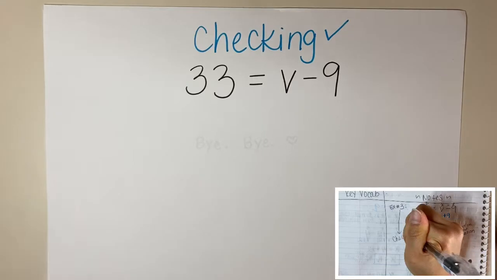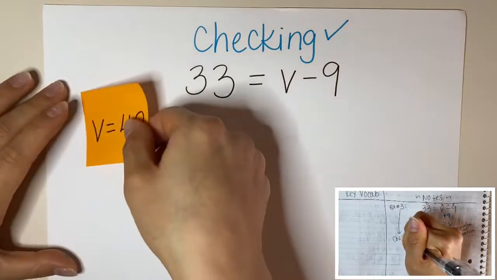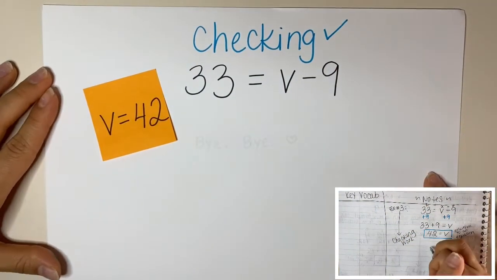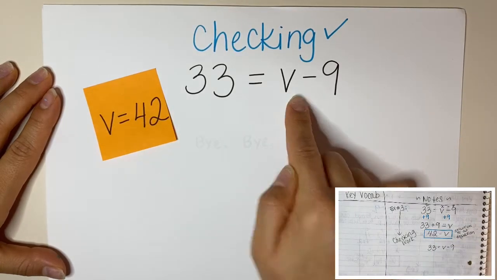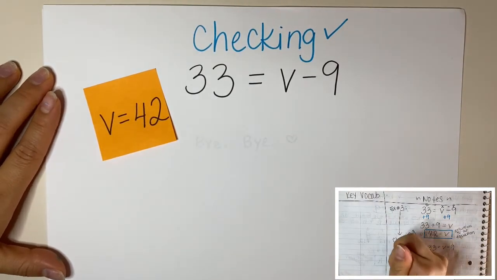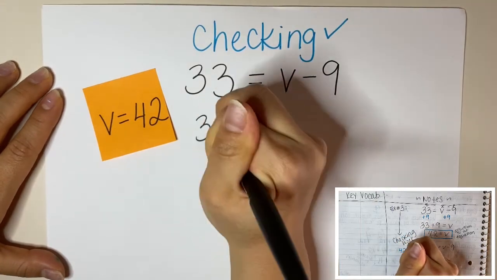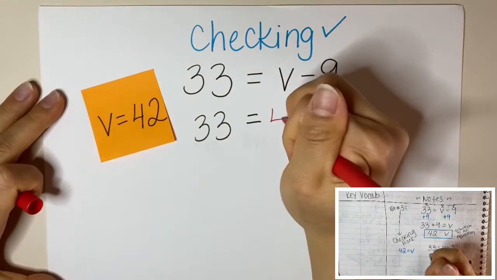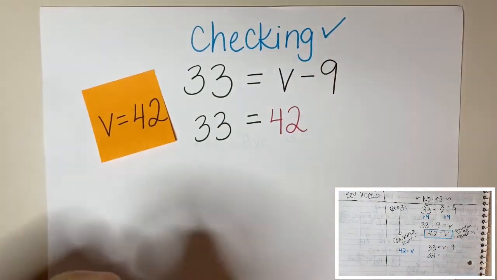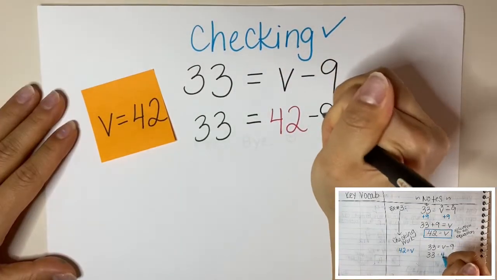Here was a problem we just solved. This is what we got. I should be able to plug 42 in for v and see if it works. So we have 33 is equal to 42 minus 9.